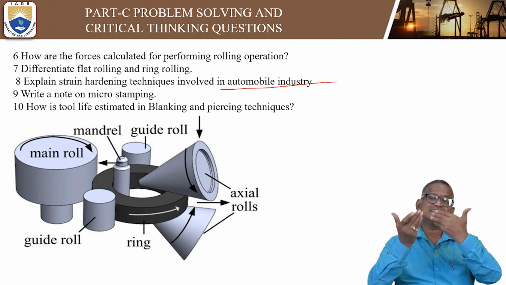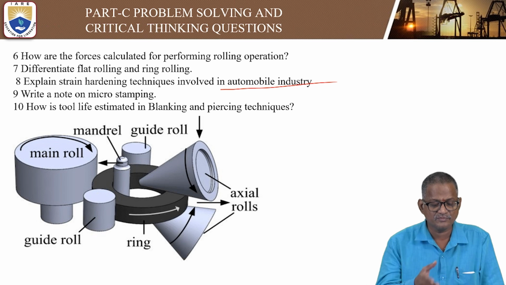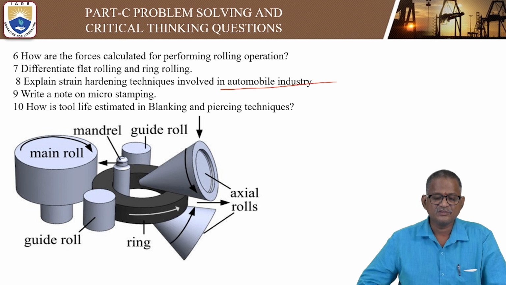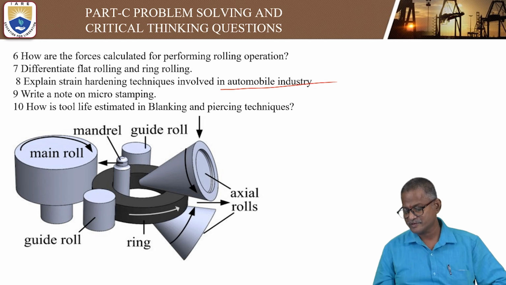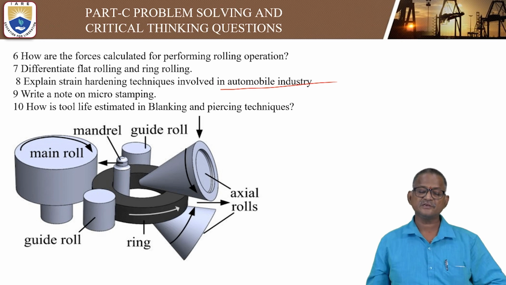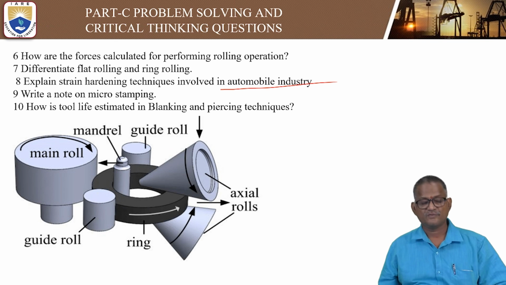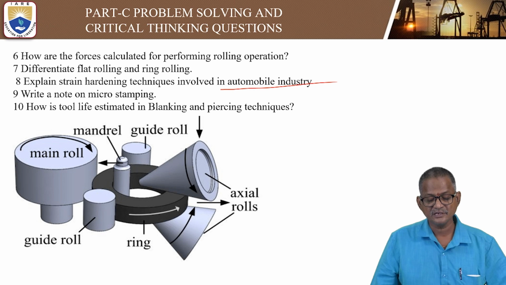Whenever there is a critical thinking question, how will you perform this setup? The ring roll setup is very important. They may ask it a number of times in the examination. That is why critical thinking is also very important for performing better.